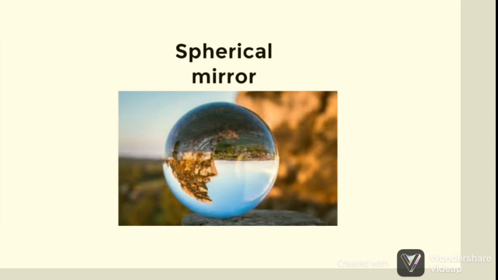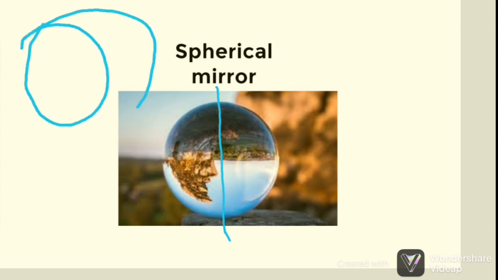So he makes a mirror which is like a ball in shape. Let me cut it into two and let me show you. You could see here the ball would be hollow, and we'll have the non-hollow part over here.